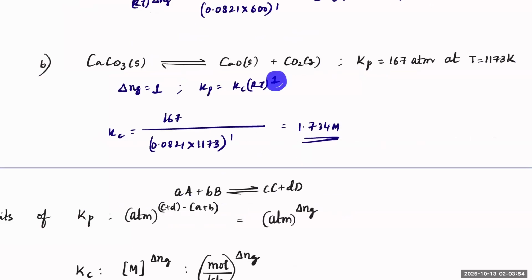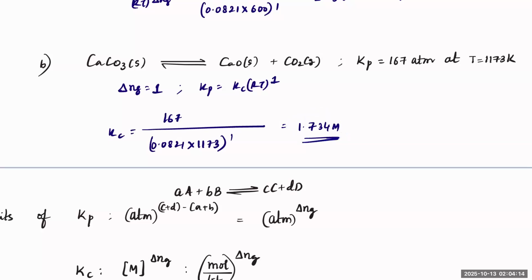Delta Ng is 1, which means it will only have molar concentration. Got it? Because it only depends upon the concentration of carbon dioxide. So what are the units for carbon dioxide concentration? Molar. This is the one.